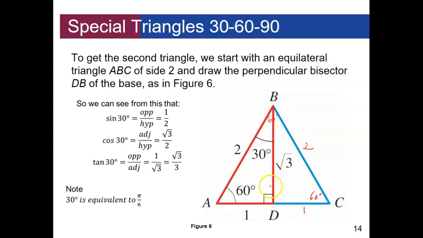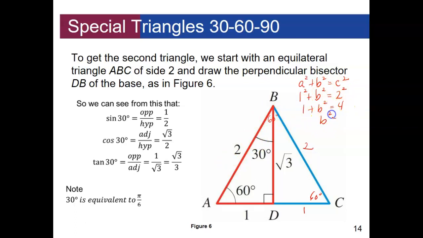Okay, so I have this triangle, and I know that my hypotenuse is 2, and I know that this side is 1. So using the Pythagorean theorem, I can find this side. Only looking at the red triangle, which is a right triangle, and using a squared plus b squared equals c squared, I've got one side that's 1, I have one side that I don't know yet, and then I have a hypotenuse that's 2.